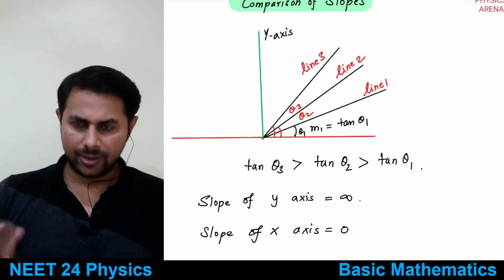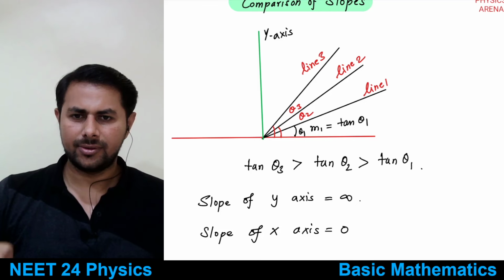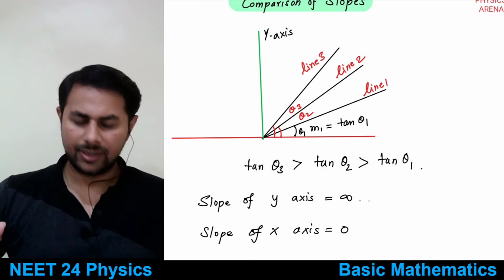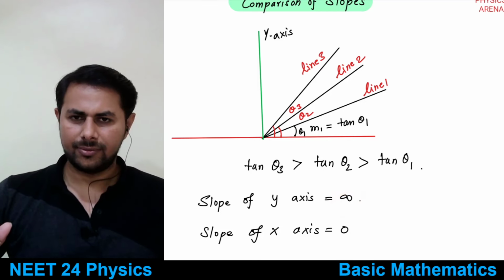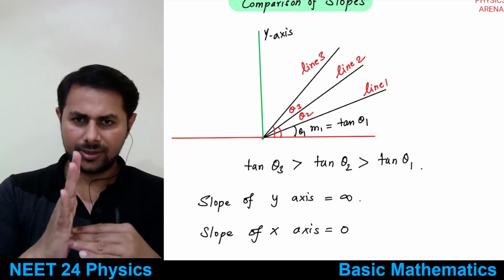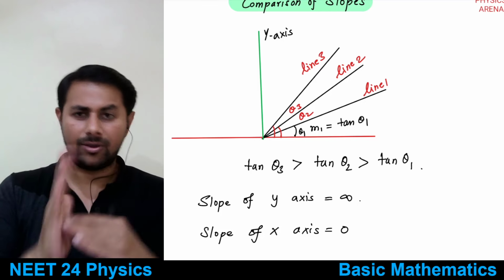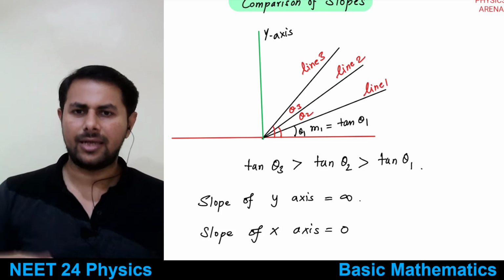Okay, then what is the slope of the y-axis? The slope of the y-axis is infinity, because the y-axis makes an angle of 90 degrees with the x-axis, right? The slope is tan of 90. What is tan of 90? Tan of 90 is infinity.